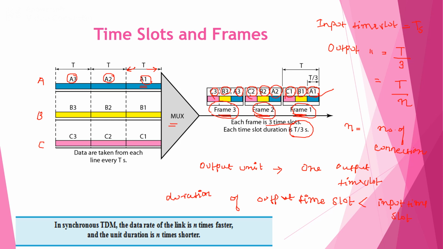So the data are taken from each line every t seconds. In the case of synchronous TDM, the data rate of the output link is n times faster, but the bit duration, that is unit duration, is n times shorter.